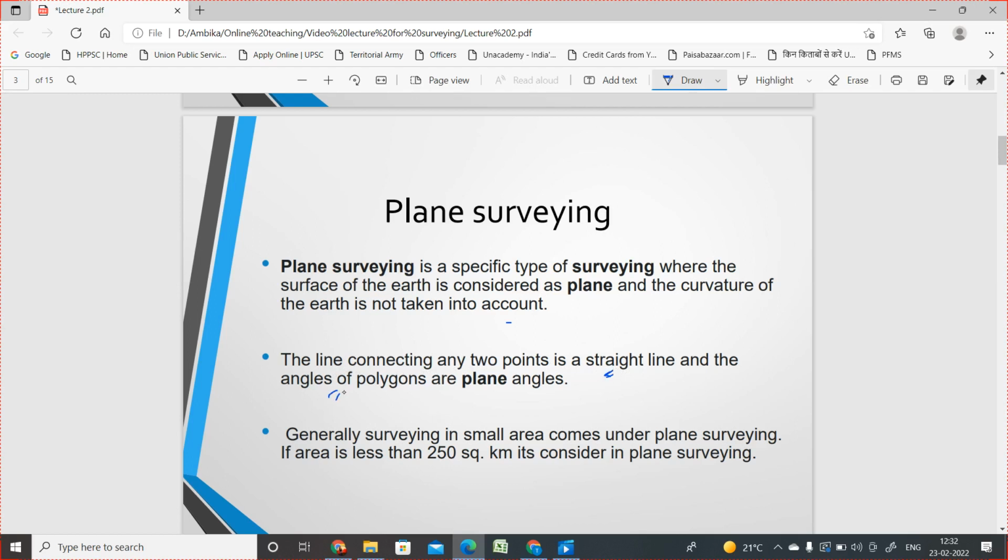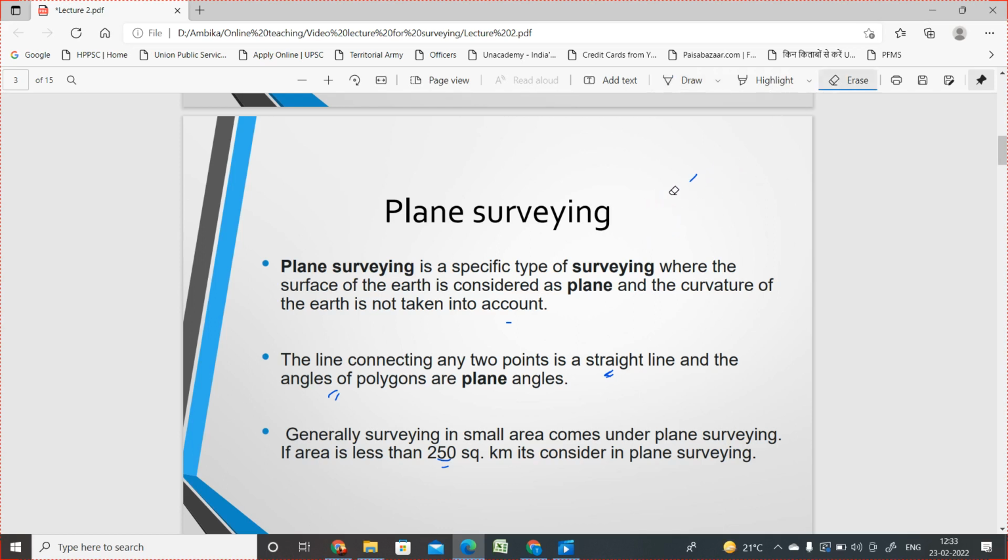If we take angles, in the case of a small area straight lines are there, so whatever polygons we take are plane angles. The area up to which we can consider surveying as plane surveying is up to 250 square kilometer. If the area is less than or equal to 250 square kilometer, then it is plane surveying.